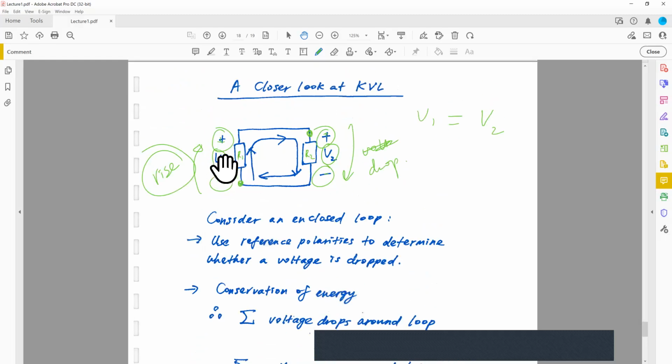When I go from this point associated with the lower potential, the first sign that I see is negative. So I'm going to have minus V1 here instead of positive V1. I go up to the right, the sign that I see associated with R2 is positive. Okay, so I have plus V2.